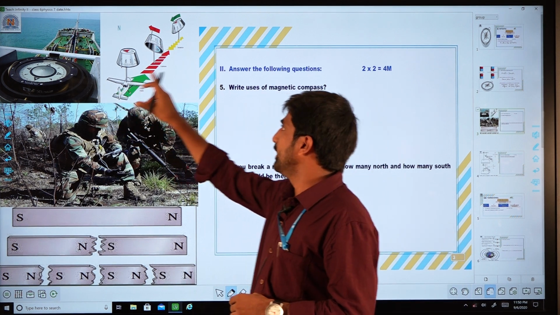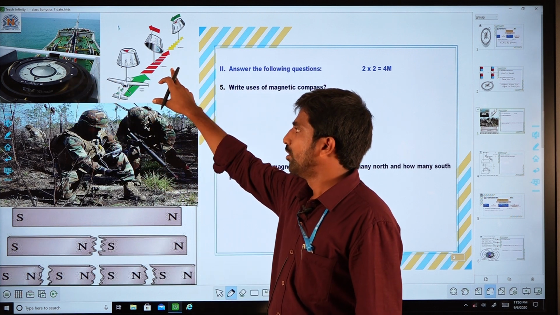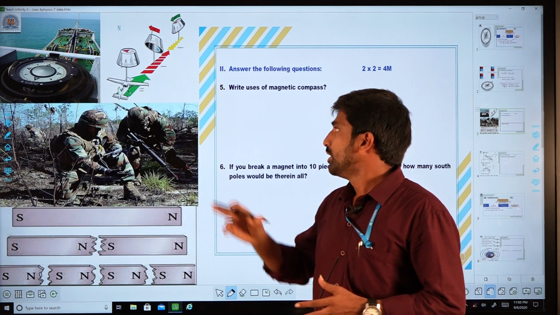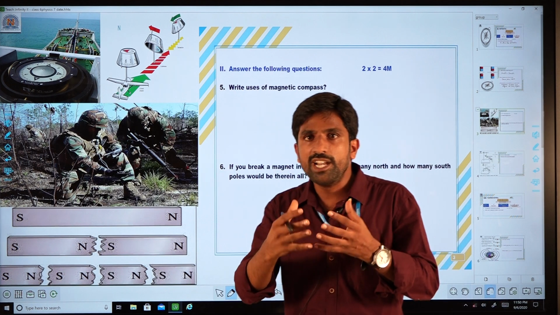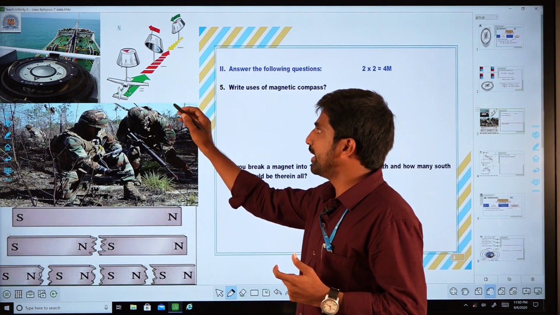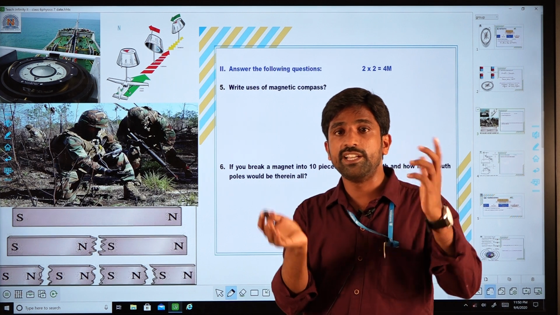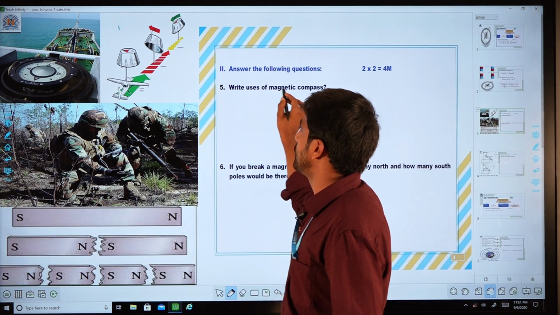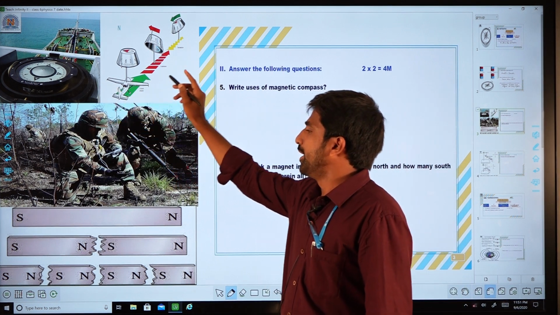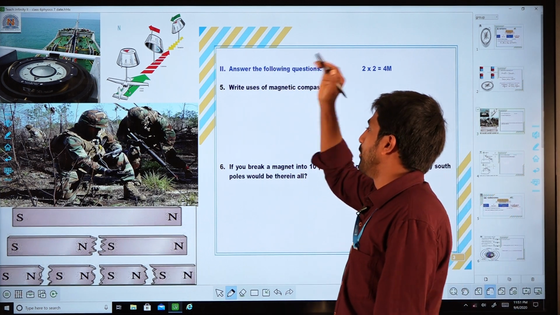The magnetic compass is mainly used in ships, aeroplanes, by army people, and by mountaineers to find out an unknown place, because the magnetic compass always shows the north and south direction only. You can then easily find the remaining 2 directions. So these are all the uses of the magnetic compass.